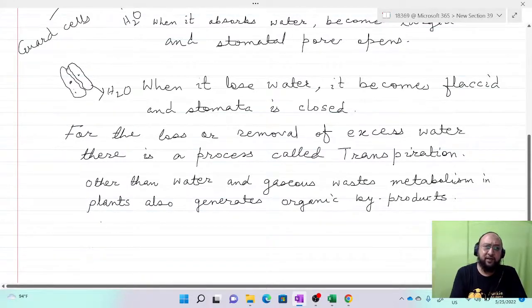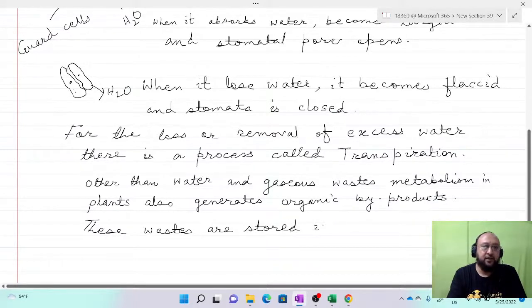Okay, so these wastes are stored in different forms. These wastes are stored temporarily or permanently, in different forms, in different parts.